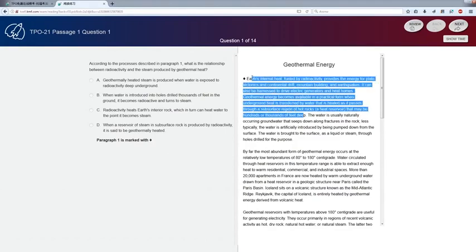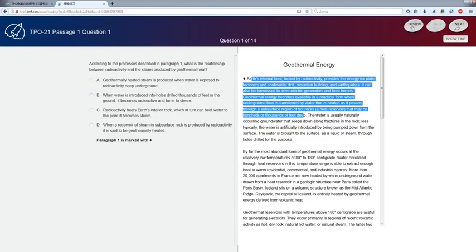Okay, so let's see what the answers are. Geothermal heated steam is produced when water is exposed to radioactivity deep underground. You know, it might sound a little familiar because it uses some words that are presented in the paragraph. This is mostly for confusing you guys. So keep reading the other answers. When water is introduced into holes drilled thousands of feet in the ground, it becomes radioactive and turns into steam. Not really.